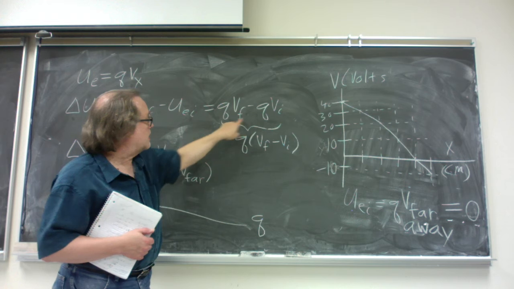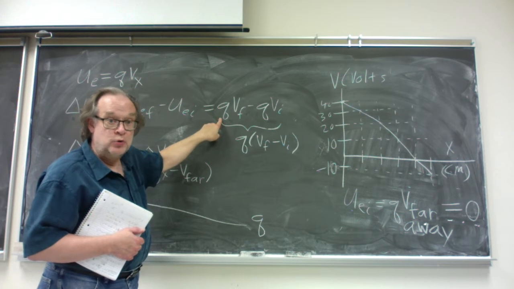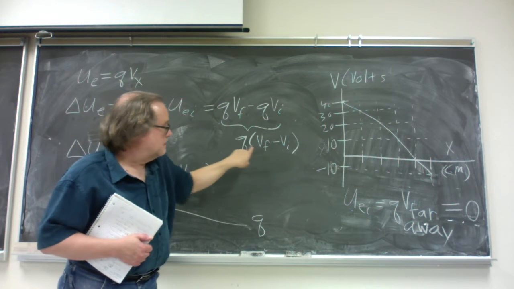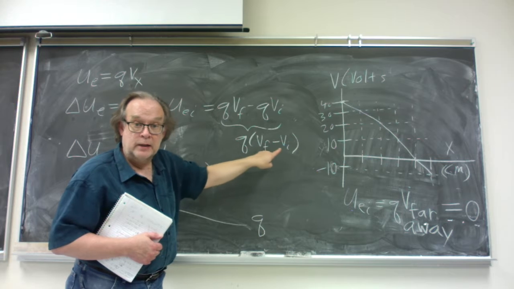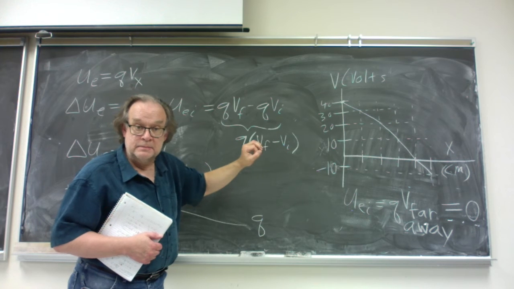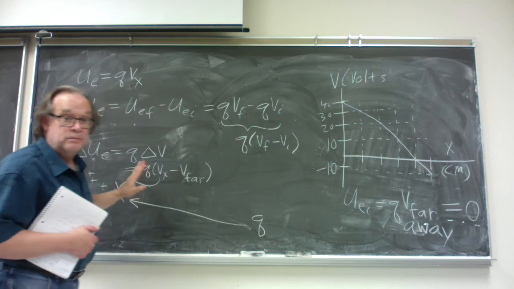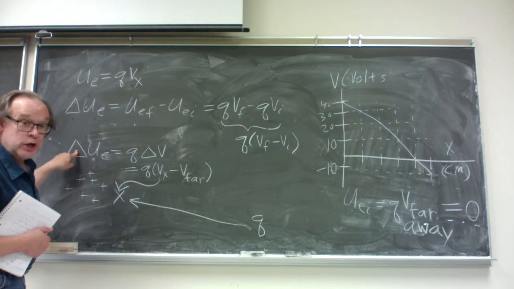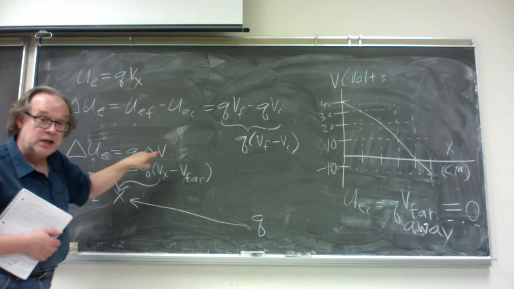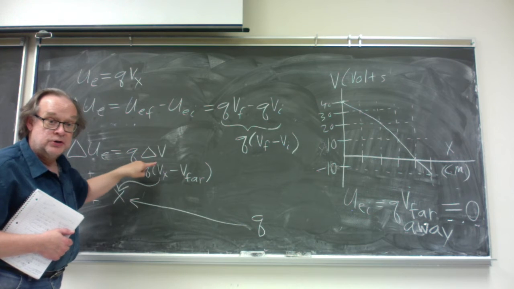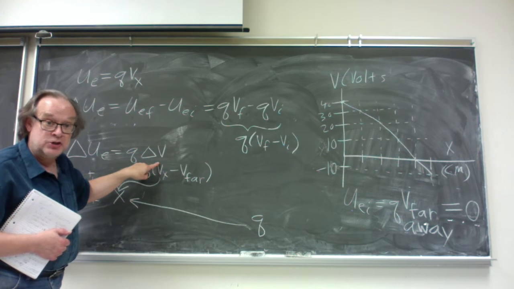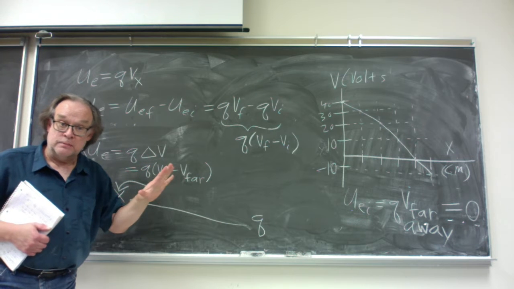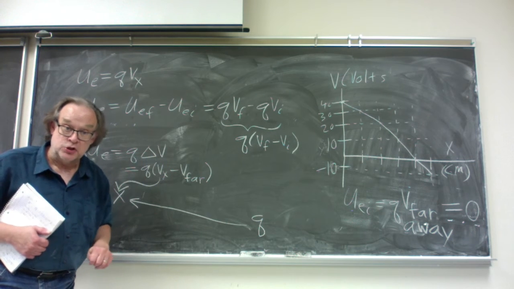And of course, if you factor out the Q here, then you've got Q times the difference between final and initial potential. So to write that a little bit more compactly, change in potential energy is just the same as charge times change in potential.